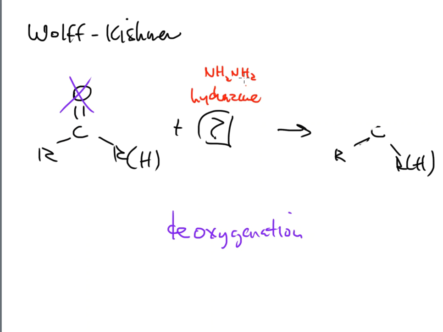Well, if this goes on and we have full-blown NH2NH2 hydrazine, if we add some extra reagent, we can get this to turn around and produce this product for us.